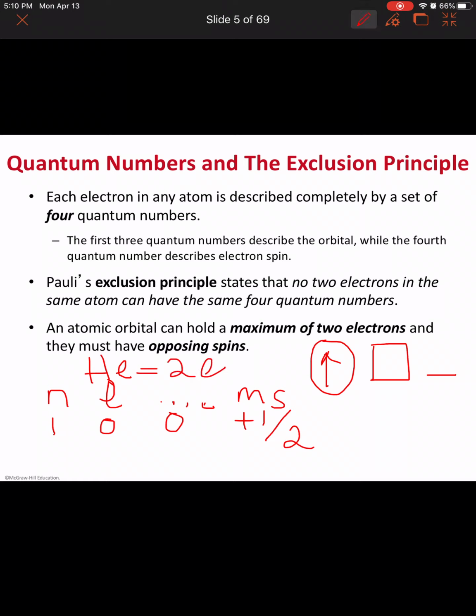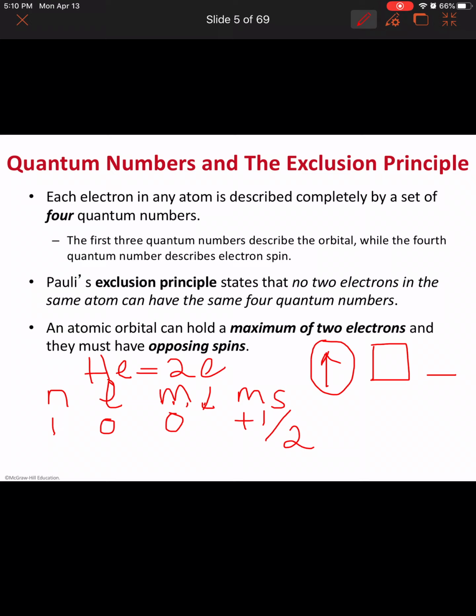So the first electron for the helium is going to take the same quantum numbers as hydrogen. Now this is a different atom, right? So this is n and this is l and ml. For the helium, the first electron also has the same quantum numbers just like the hydrogen: 1, 0, 0, plus half.